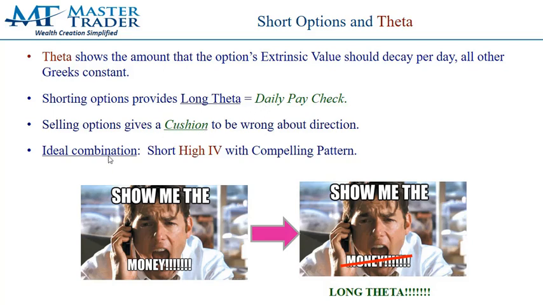The ideal combination is we like high implied volatility with our compelling pattern. And here's old Tom Cruise: show me the money, show me the long theta. Theta is what we get paid day by day, as long as the stock is not drastically going against us.